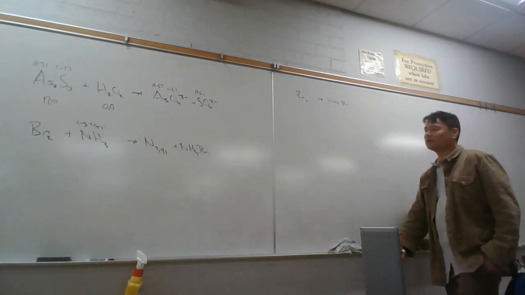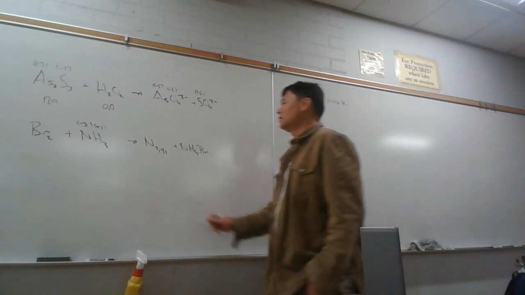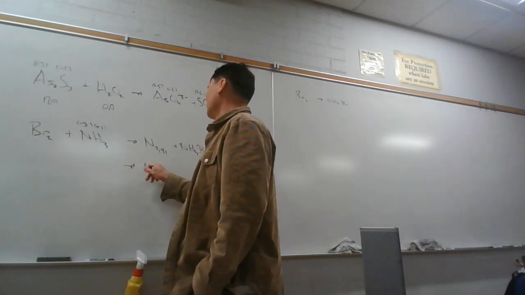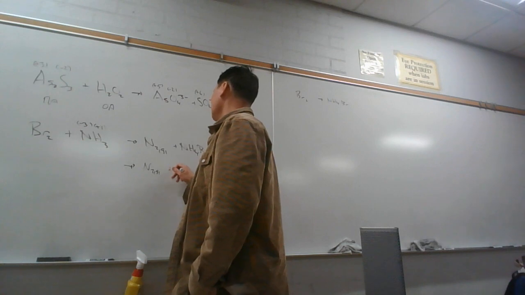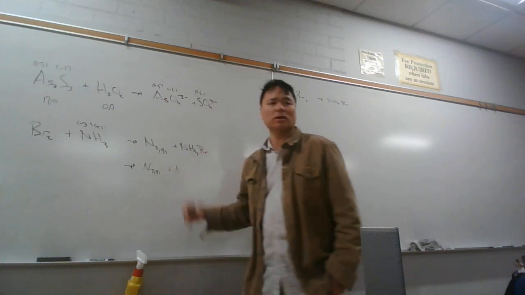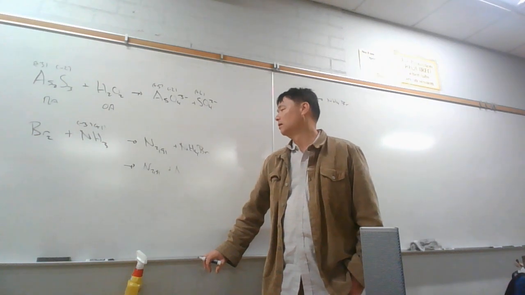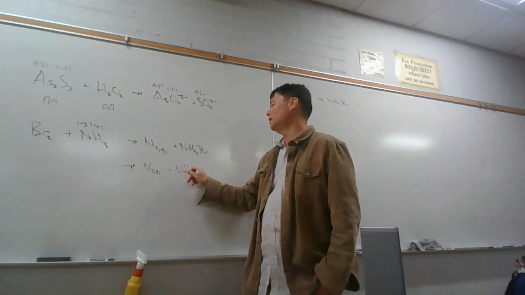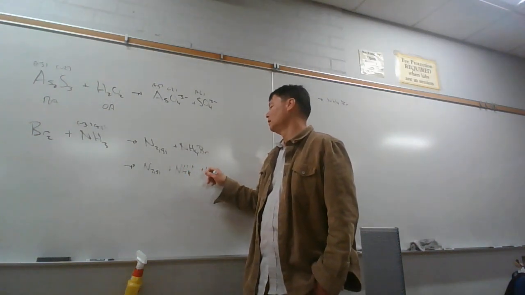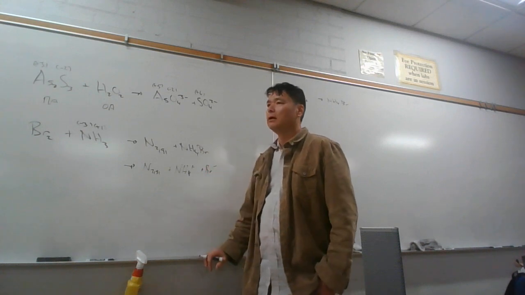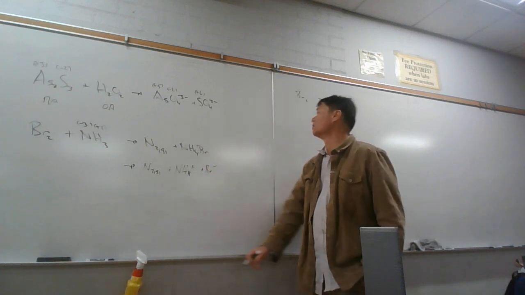If it's in an aqueous solution, we could do nitrogen gas like this, plus ammonium bromide, strong electrolyte, weak electrolyte, or non-electrolyte? Strong. So this would go to ammonium and bromide. And so this would make it a little easier to split.